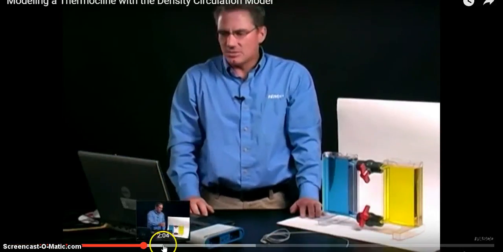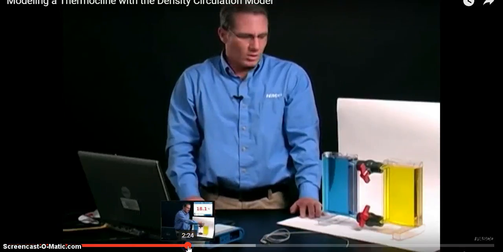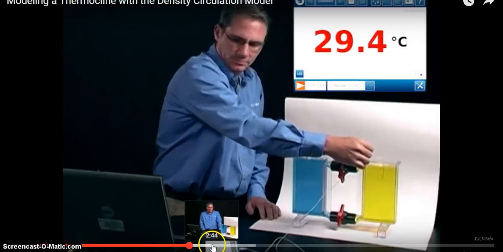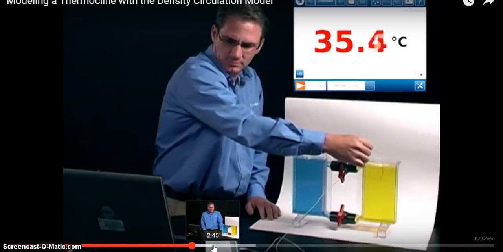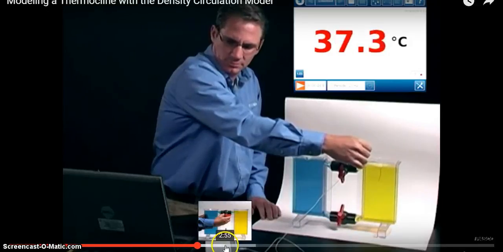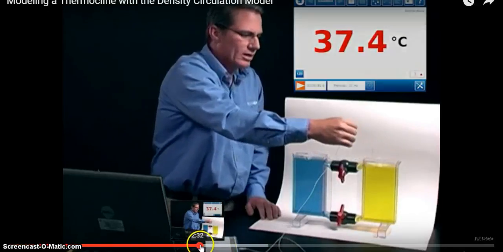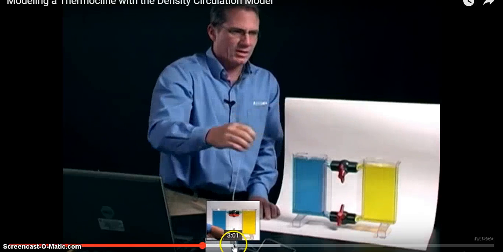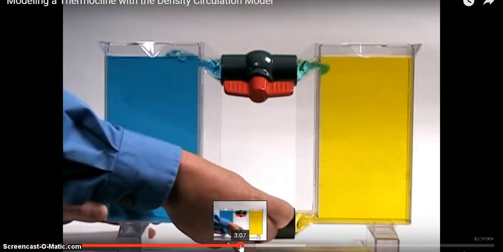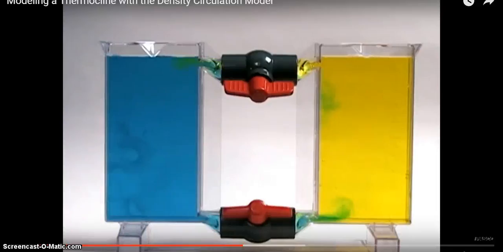Now he's going to talk a lot, so we're going to skip ahead to where he actually opens up the valves, which is kind of cool. He's showing you the temperatures of the warm side and the cold side. So there's clearly a difference in temperature between these two water bodies. And now he's finally going to quit talking and open up the valves.